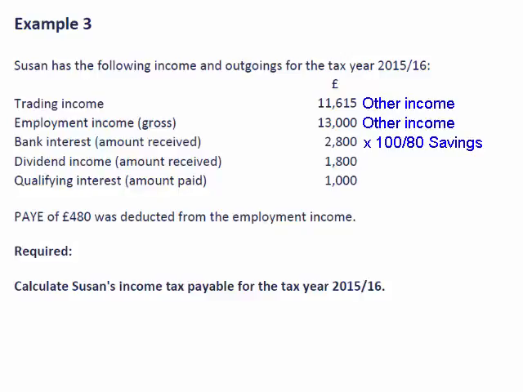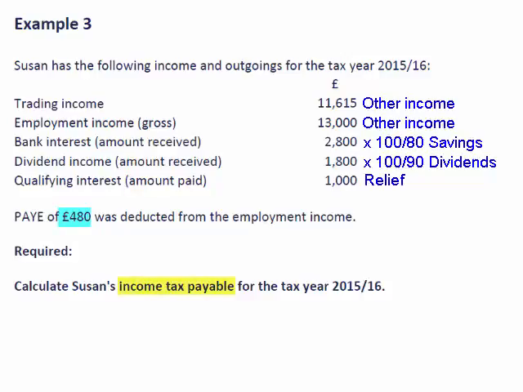And dividend income, obviously dividends, and again that needs grossing up by 100 over 90 because dividend income always requires that. We then have a qualifying interest payment, so that is a relief that will need deducting from our total income. We're told that she's paid PAYE, and that will be important because we're asked to calculate the income tax payable.